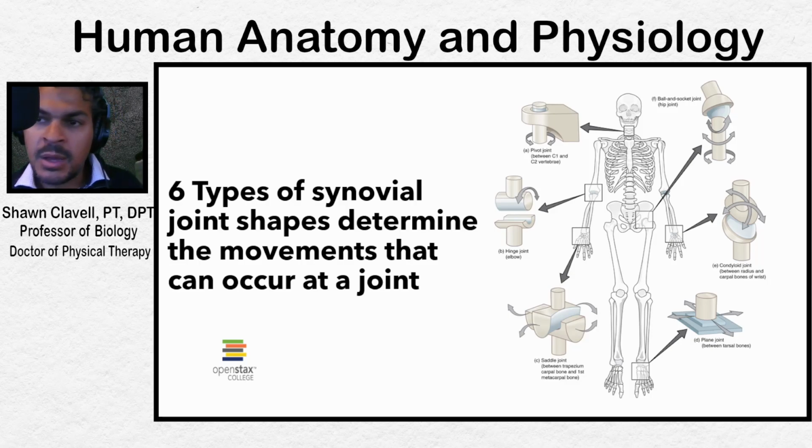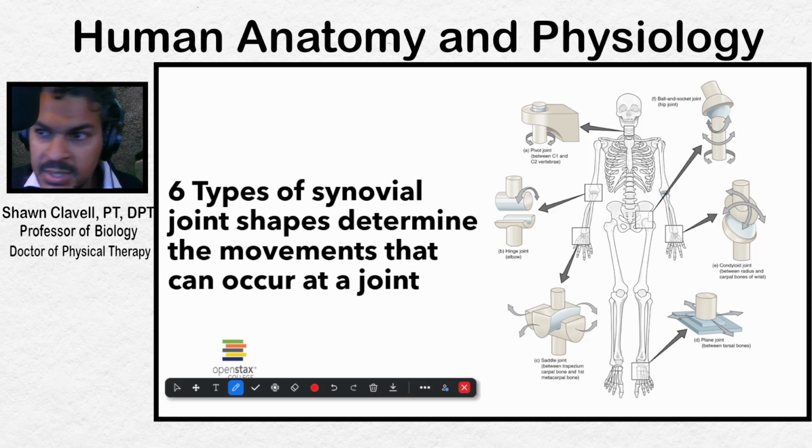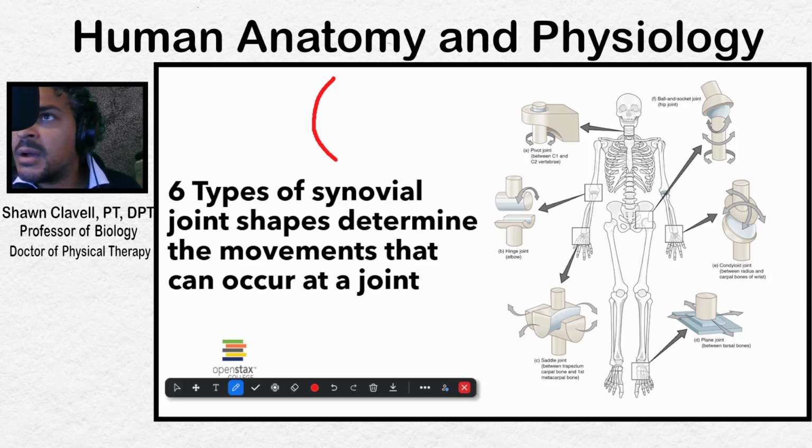A concept that we should also identify is this idea of concave versus convex. In many different shapes of a joint, you'll have a concave surface. There's your concave surface.